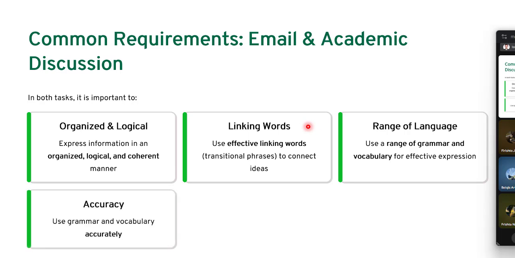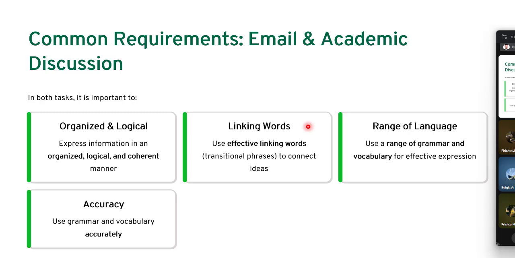The next thing is accuracy. Accuracy is another common requirement for both the email and academic discussion task. When we use grammatical structures, or when we use words, we have to choose the words or structures that can convey the message accurately, whether it's in an email or in an academic discussion task.